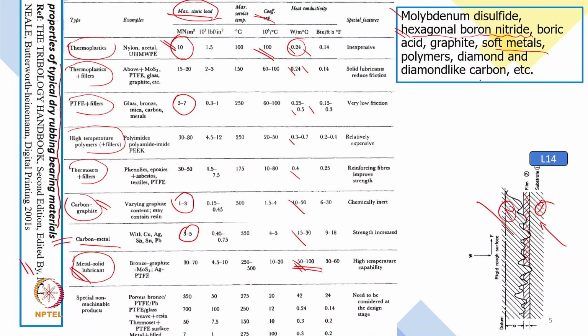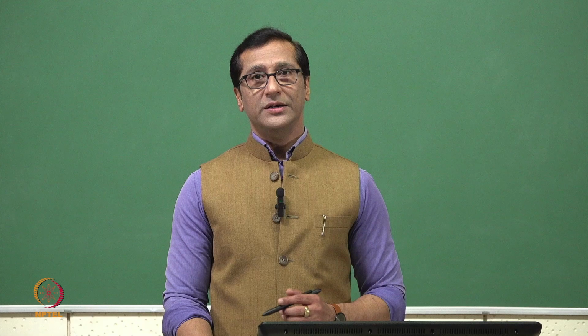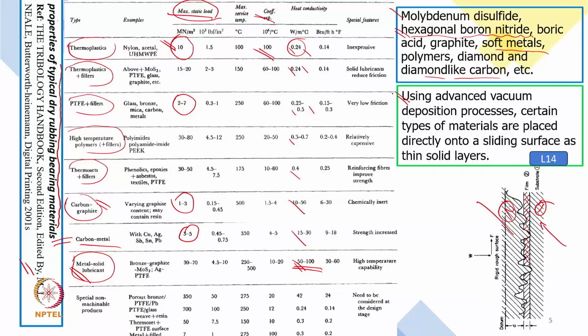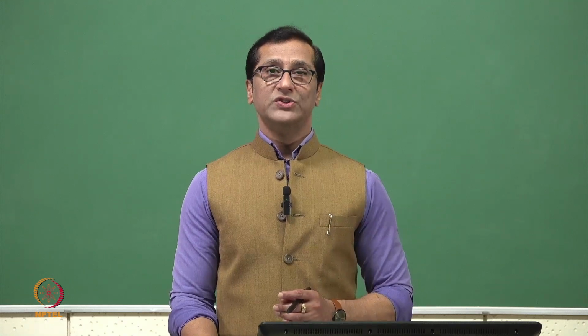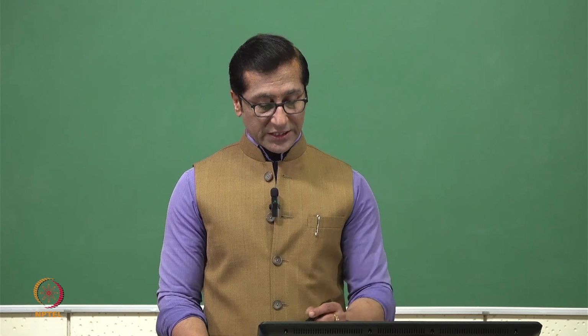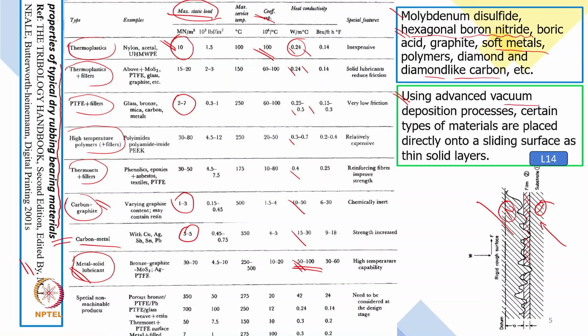Of course, in this case we are talking about the diamond-like carbon coating, which will be covered in lecture 14. Reason being, those coatings really require advanced manufacturing techniques. In this case, we are using the word advanced vacuum deposition processes.